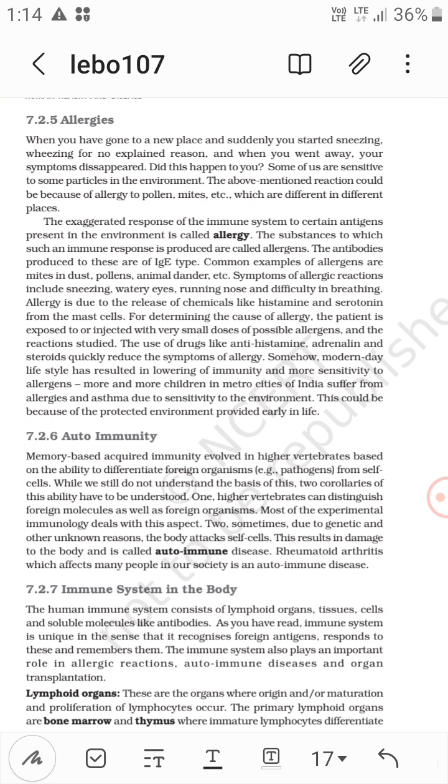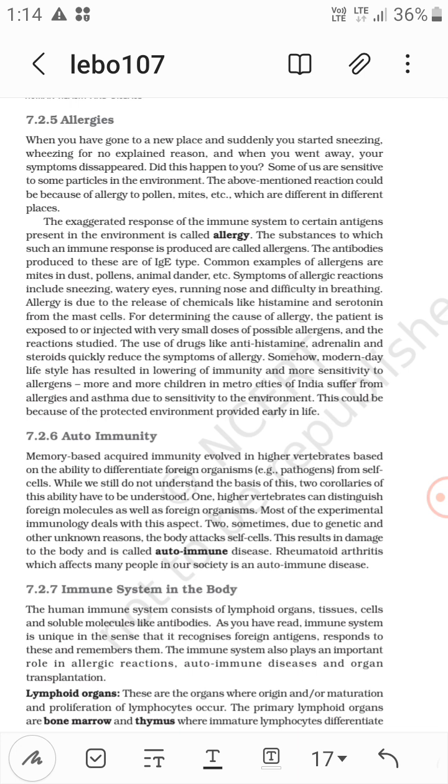The substances to which such an immune response is produced are called allergens. So these are the allergens, right? Now the antibodies produced to these allergens are of the IgE type.